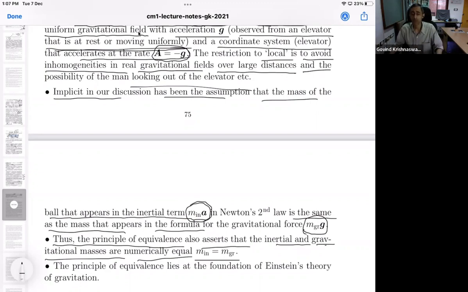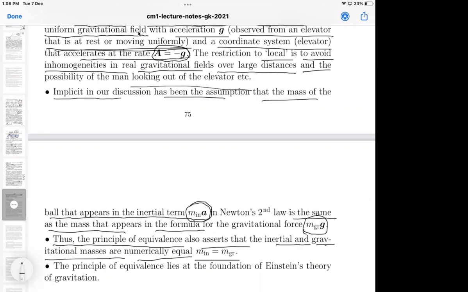So the significance of what we have just discussed is really there. To understand gravity, you should study motion of accelerated observers, first of all, uniformly accelerated observers. That is the message that Einstein is giving: that gravity is really like some kind of acceleration, in colloquial terms. So Romit, is that?